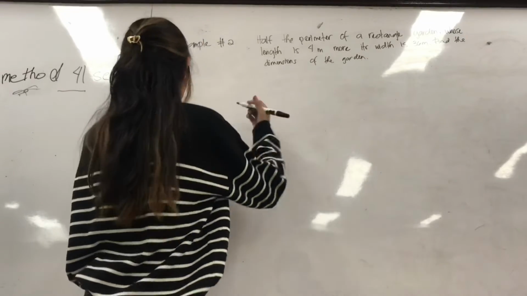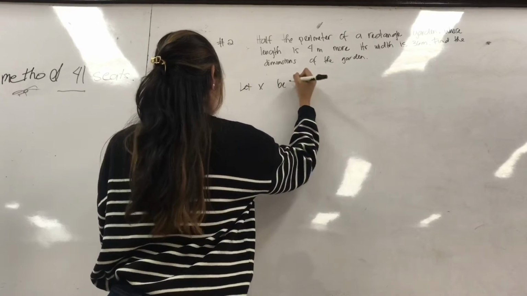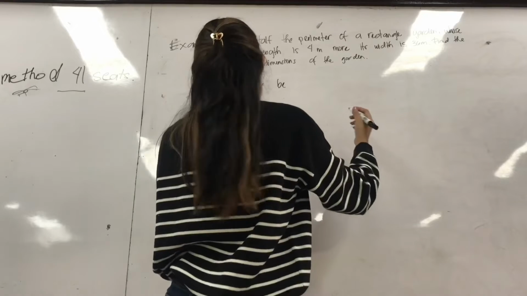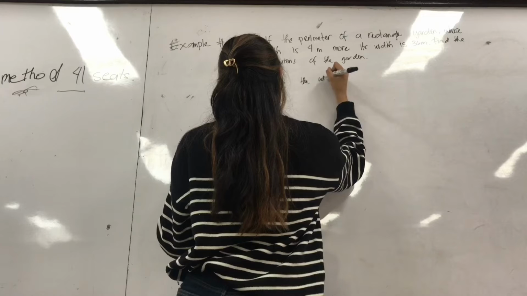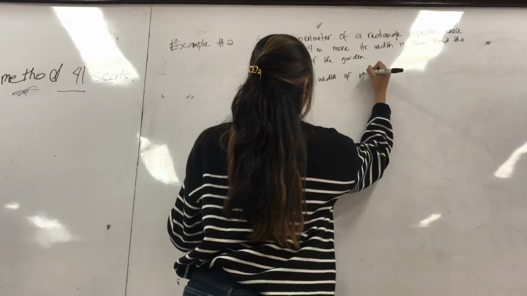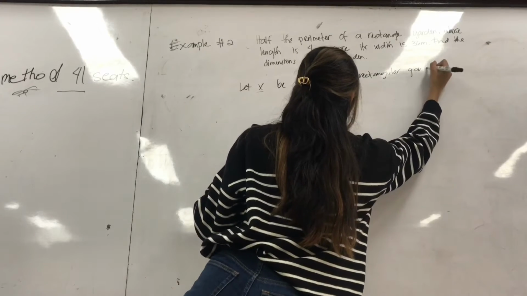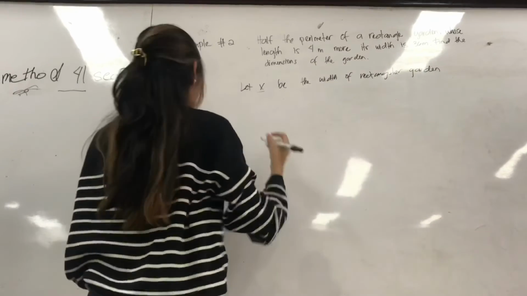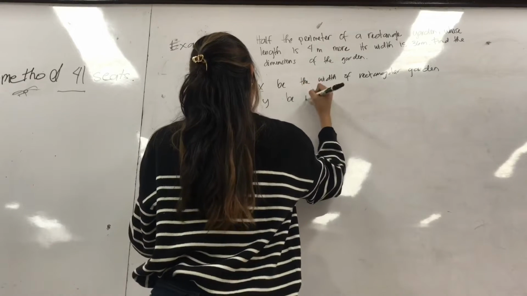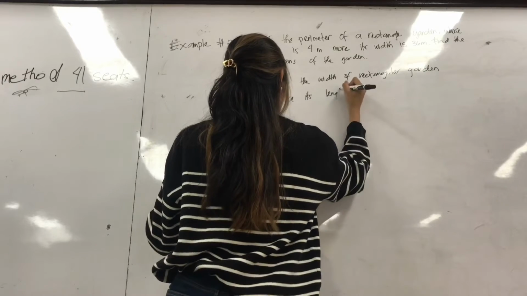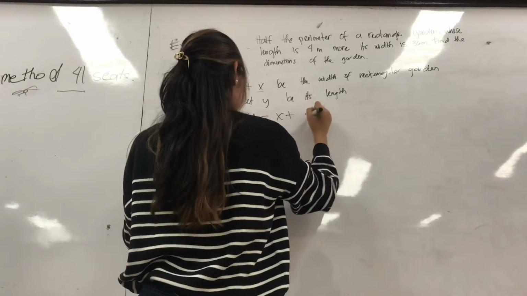So the first step is, let x be the width of the rectangular garden, and let y be its length. So y equals x plus 4.